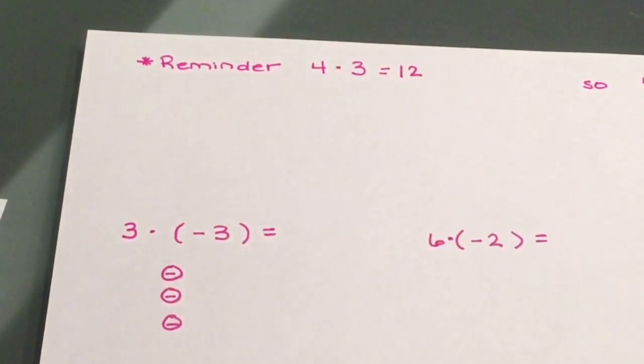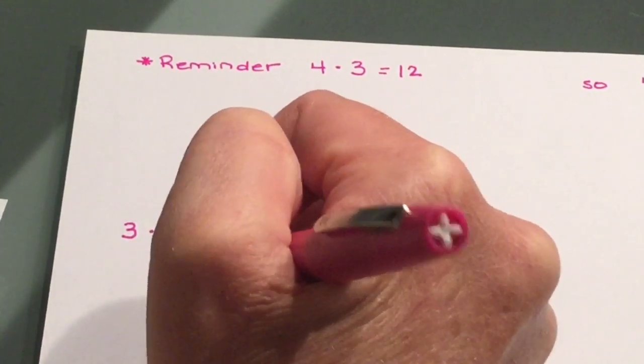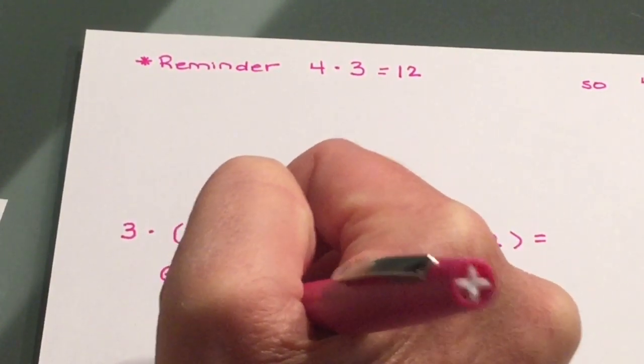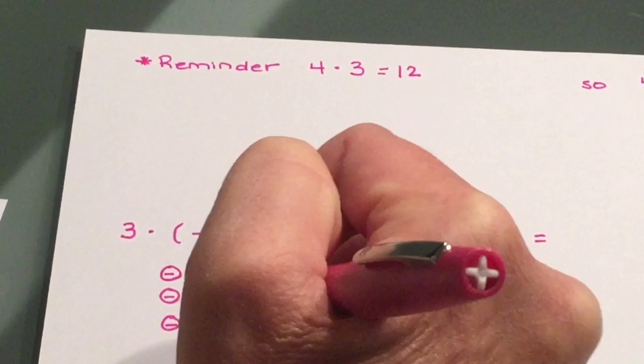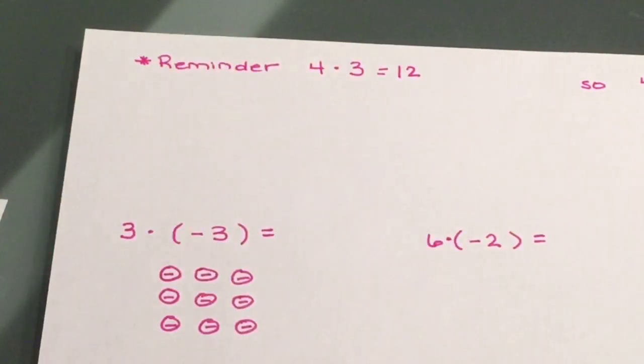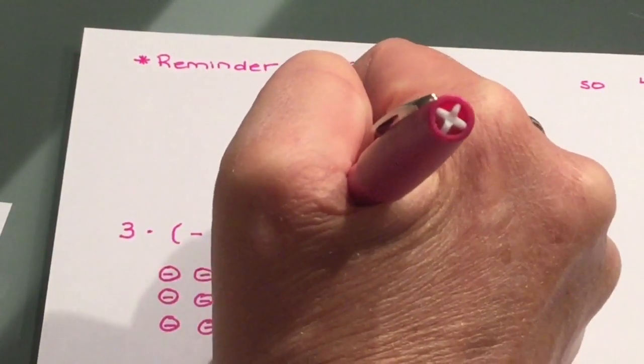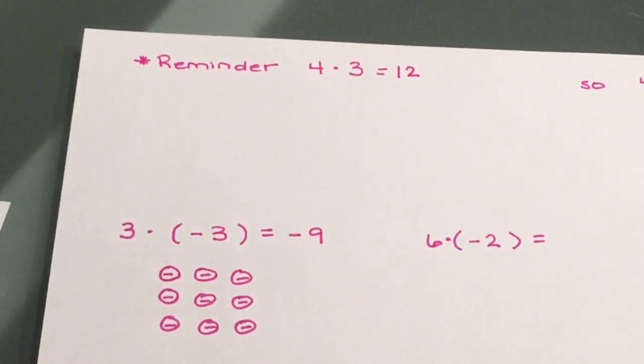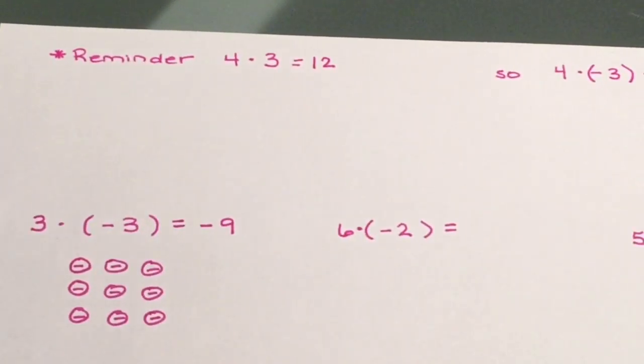That's the one in parentheses, and then I want 3 sets of that. And so when I get finished there, I end up with 9 negatives. So negative 9.